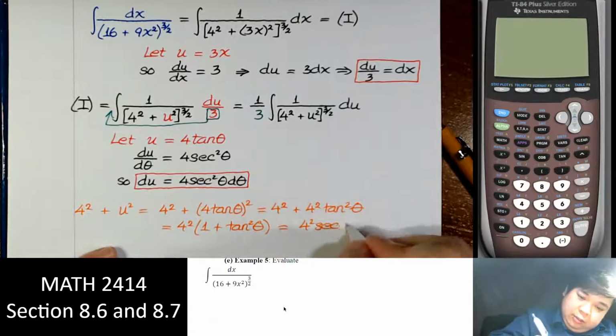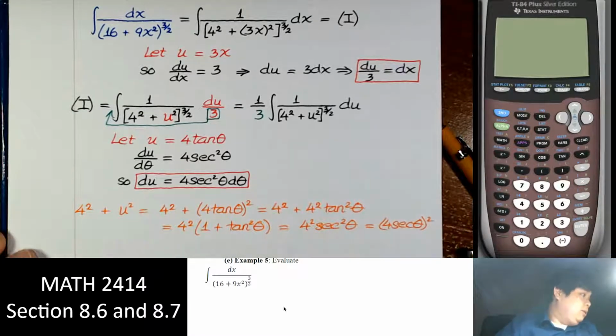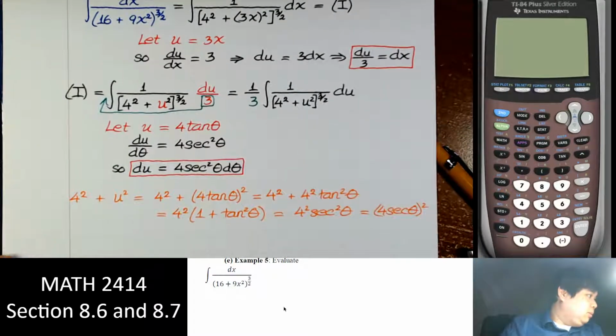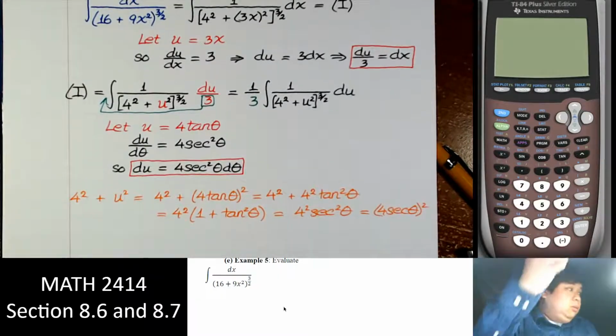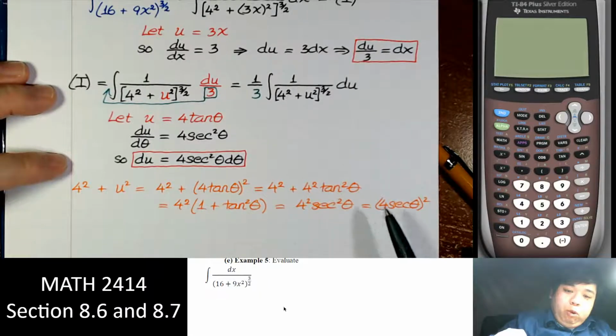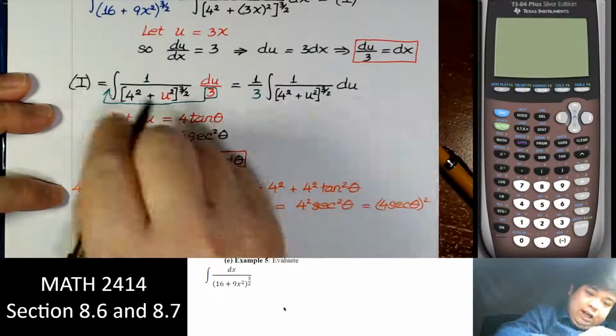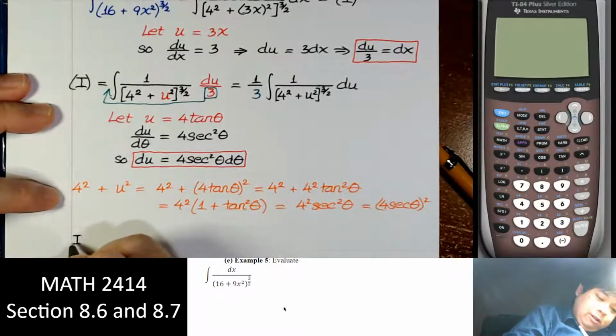Or we can say just 4 secant theta square. Right. Now we will put this back into this. And that integral will just continue.